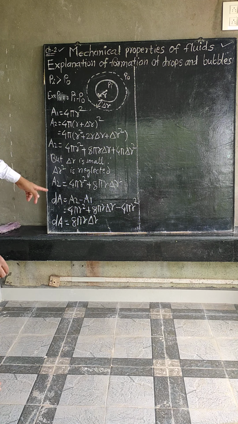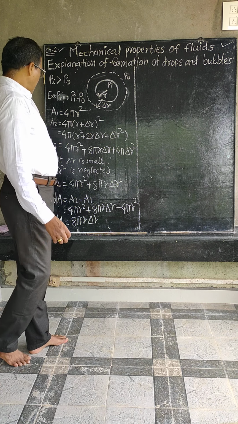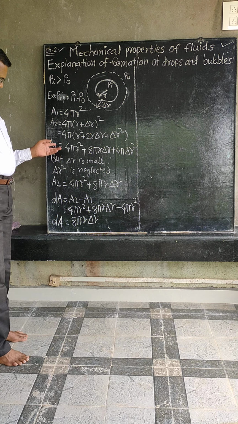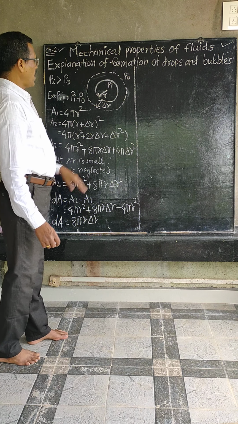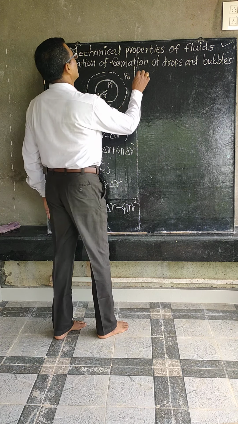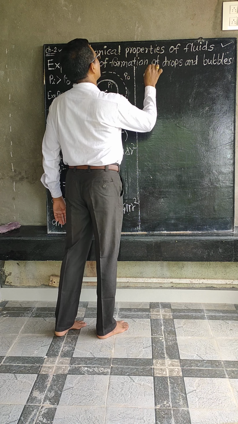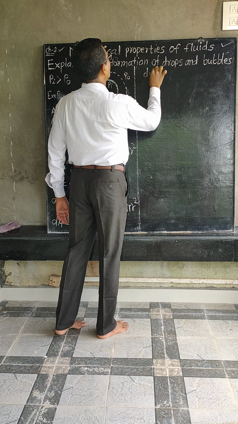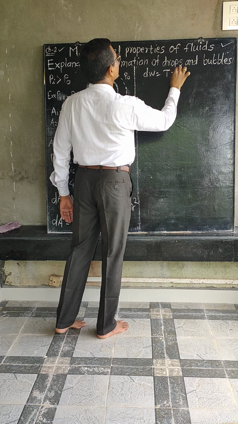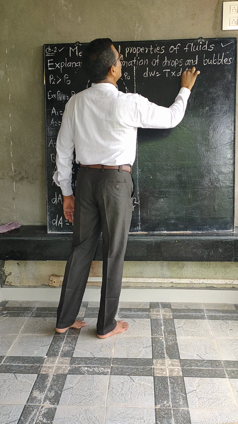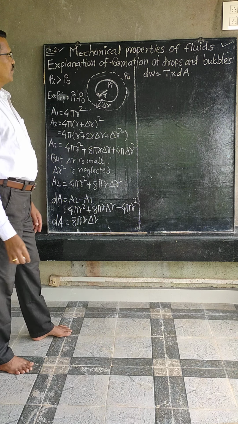Now, the work done in increasing the area of the drop by dA is given as dW, that is the work done, equal to T, surface tension, into the increase in area dA.